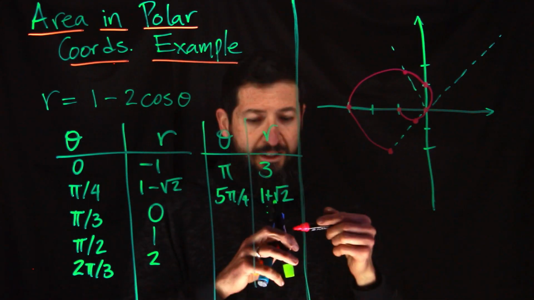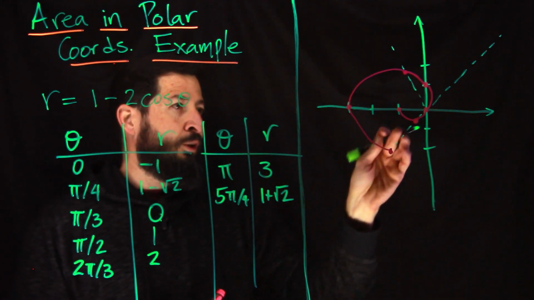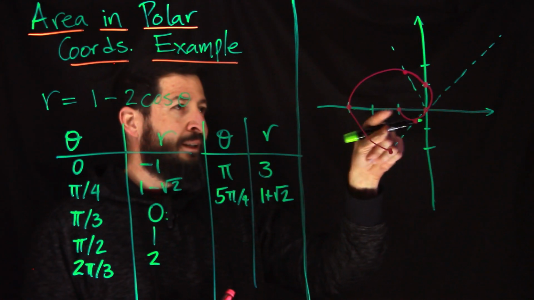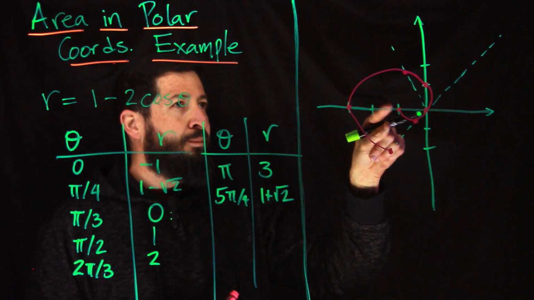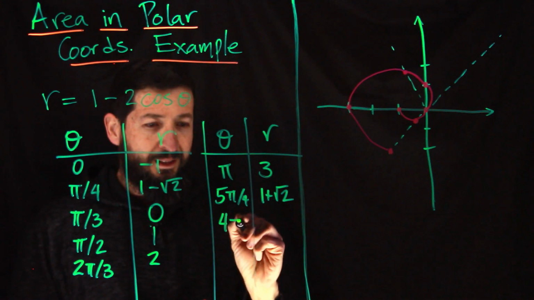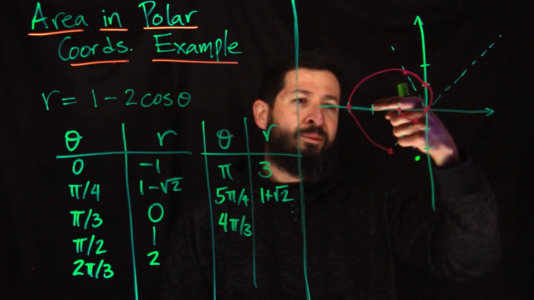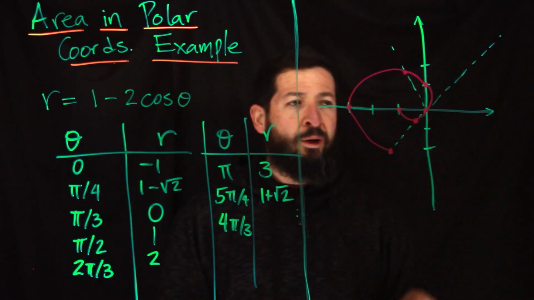Continue like that. And then I'm going to go to the one I was talking about, which is 4 pi over 3. I don't know why I was blanking on that. So pi over 3, and so pi, another pi over 3, 4 pi over 3.